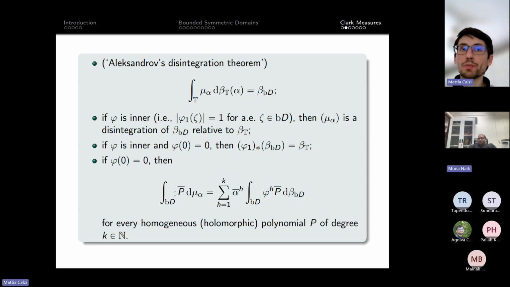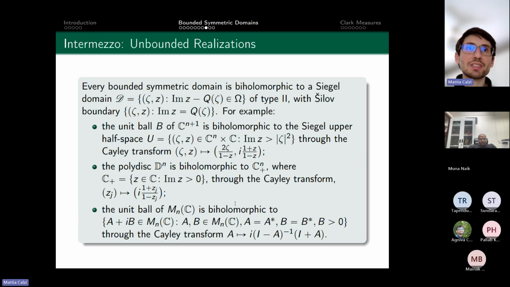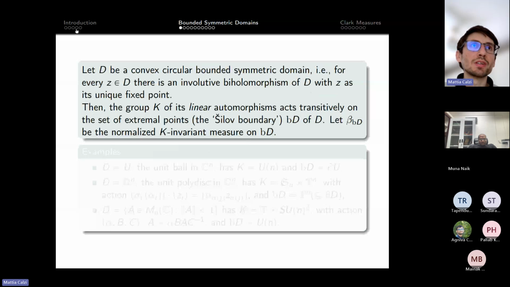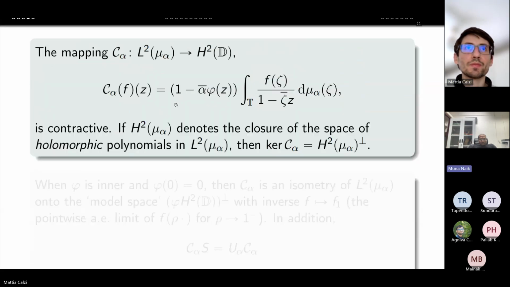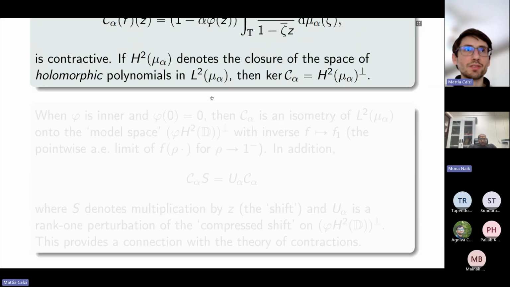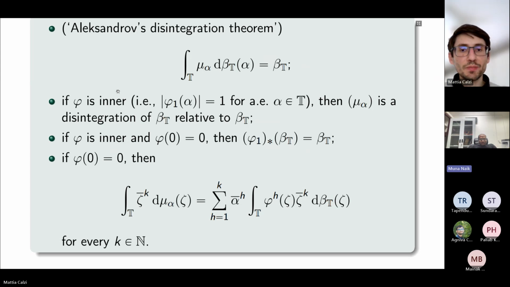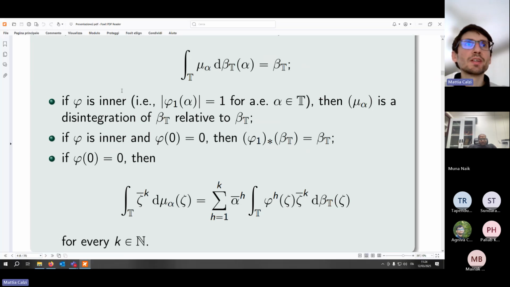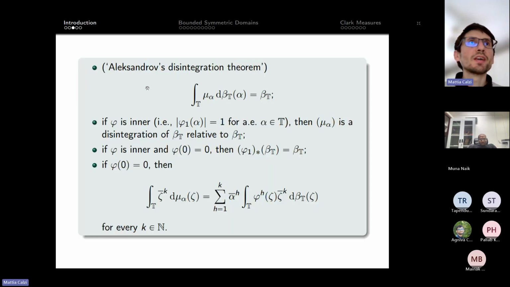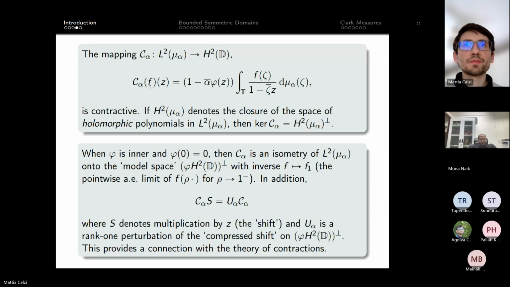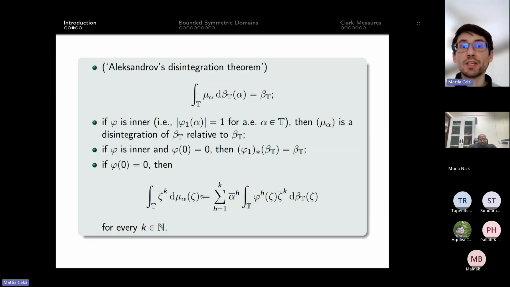The polydisc is particularly simple because you know that all Fourier coefficients which are not on the two axes are 0, and the other ones are described in this way, which is essentially the same as what we saw here.